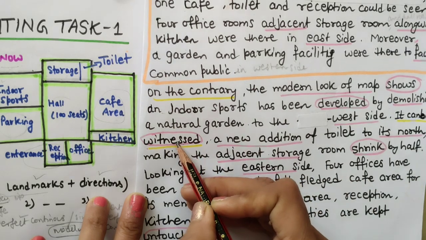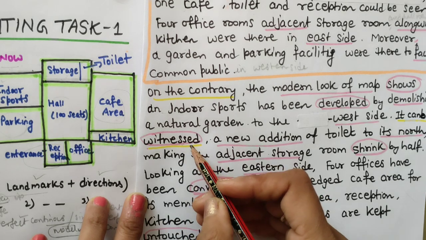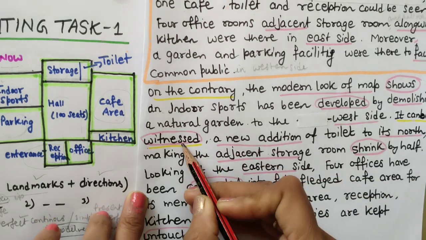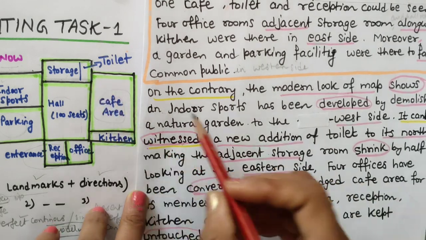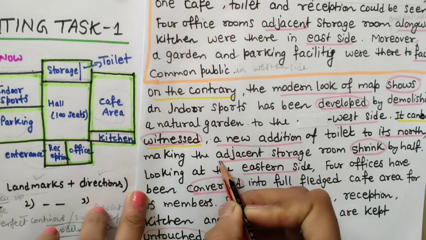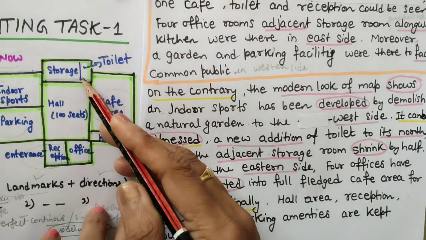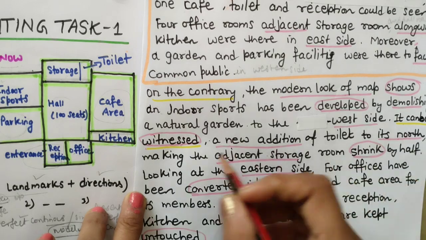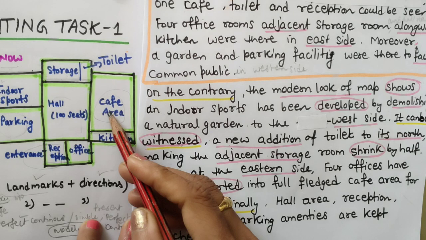So I am using the word 'witness' again, so that's not a good strategy. It can be witnessed a new addition of a toilet to its north, making the adjacent storage room shrink by half. It is not exactly half, but in the actual picture it was half.